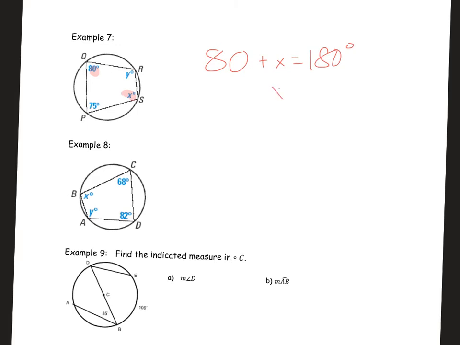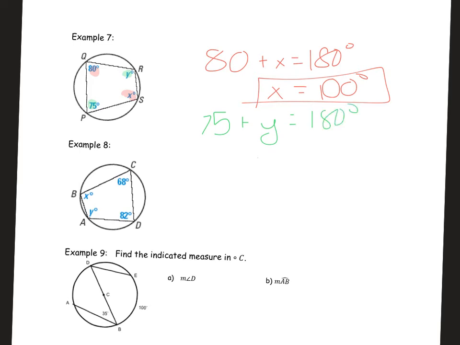So if we solve this, that tells me the value of x must be 100 degrees. Okay, and then we also have angles P and R across from each other. And again, because they are in a quadrilateral that is inscribed, they must be supplementary. So they have to add up to 180 degrees. Okay, so y is going to equal 105 degrees.